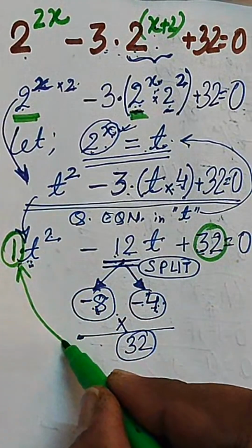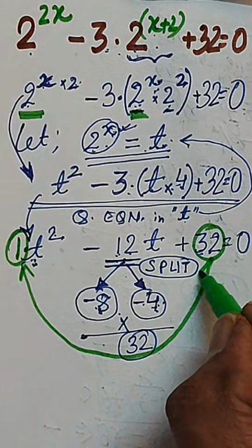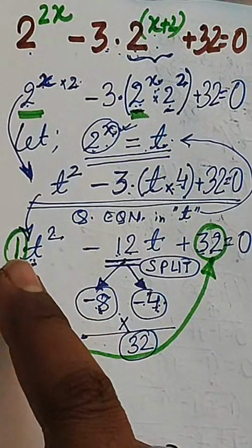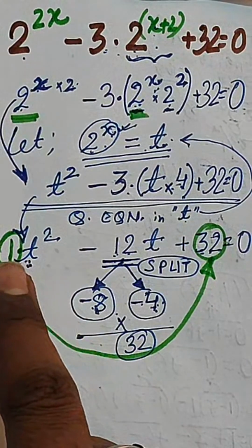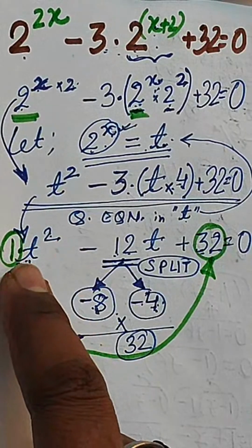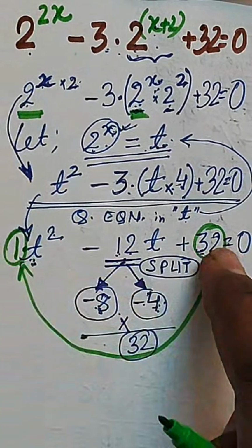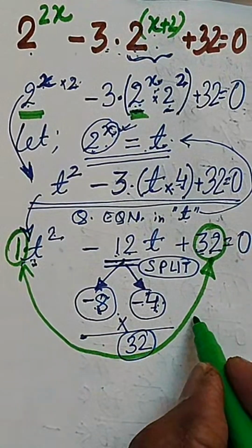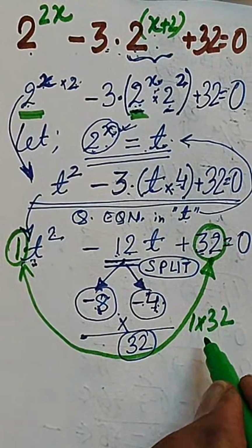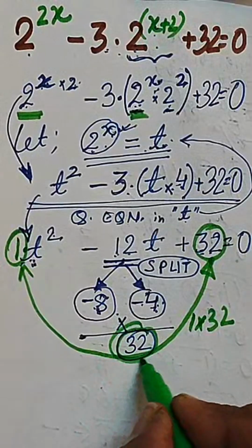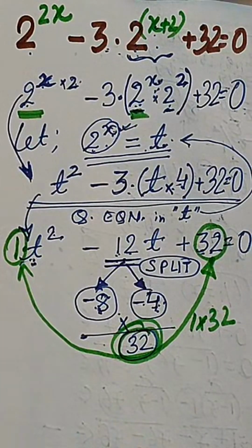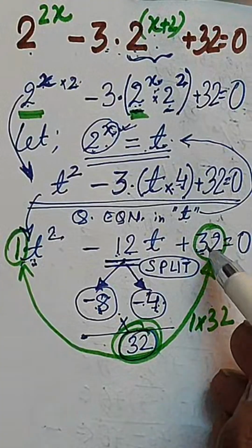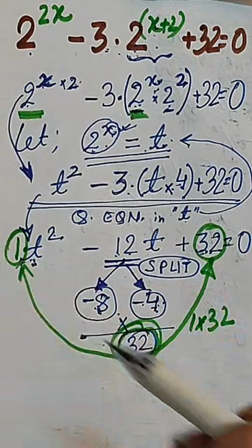You can see this 32 is coming as the product of the first coefficient, which is 1, and 32, so 1 into 32 is equal to this 32, right? So in this way, such splitting of middle terms can happen. If you are not able to understand, let me explain it this way. Just take this 32 and 1 together, right?